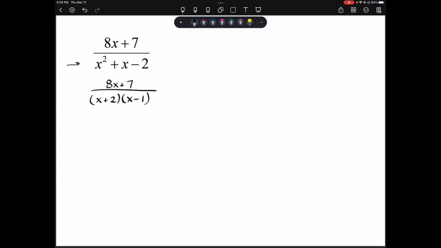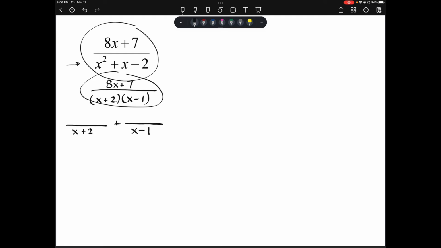We haven't really changed the value of anything here. We just want to figure out what over x plus 2 plus what over x minus 1 will give us this as an answer, since that's in factored form.